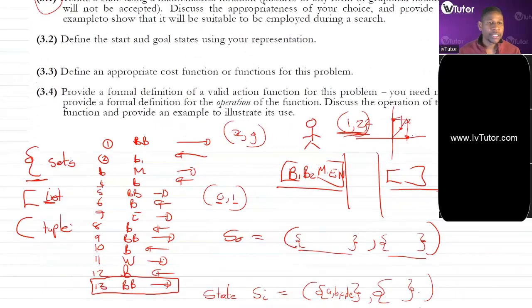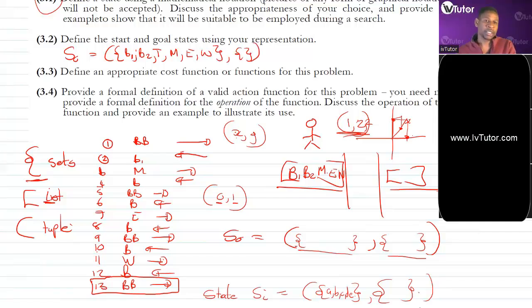Then they say define the start state and goal states using your representation. So for the start state, we can say it is a tuple where everything is on one side. So you're going to have B1, B2, T, M, E, W, and nothing here.